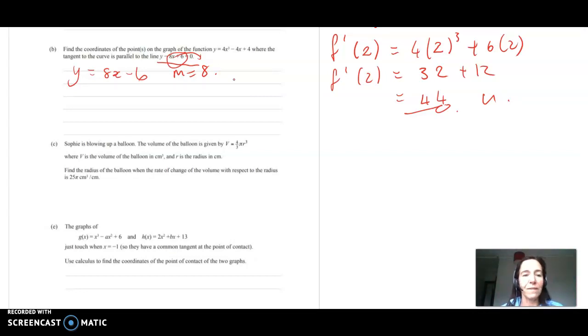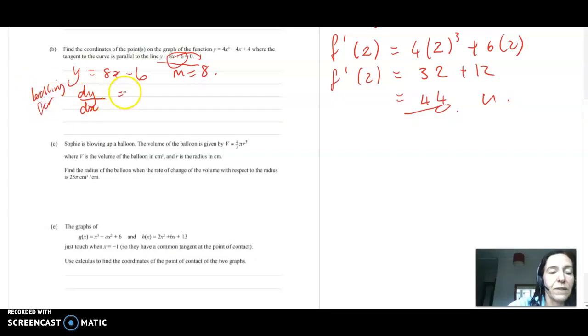So if I'm wanting to find the coordinates of the points on that graph where the tangent is parallel to that line, what am I looking for? Hopefully you're all thinking: I'm looking for where my derivative is equal to 8. I'm looking for a gradient of 8.